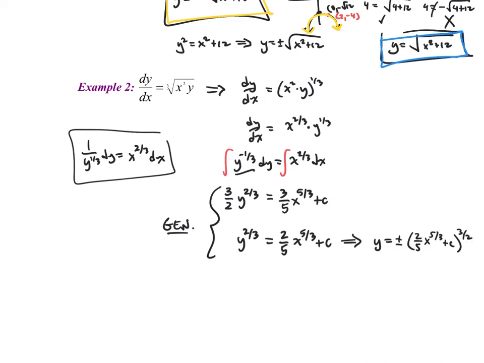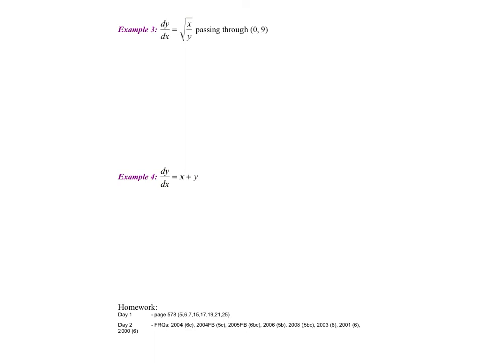All right, let's look at one more example. Example 3, we've got dy/dx equals the square root of x divided by y. Looks like we're going to look for a general solution, then a particular solution. So let's separate this thing. I'll use some properties that I'm aware of. Rewrite this right side as the square root of x over the square root of y.